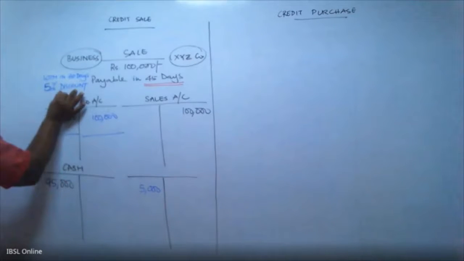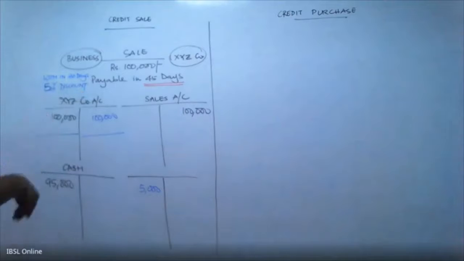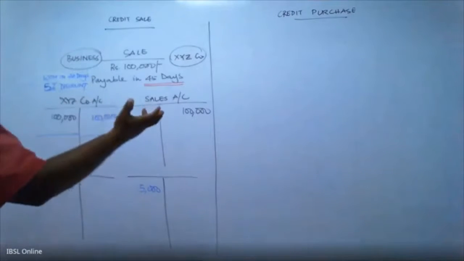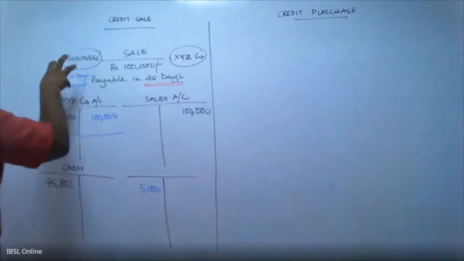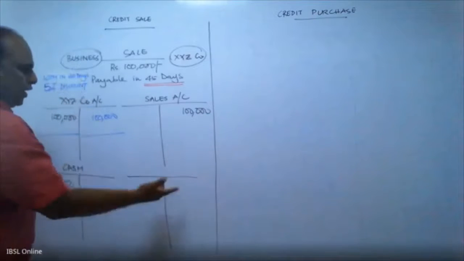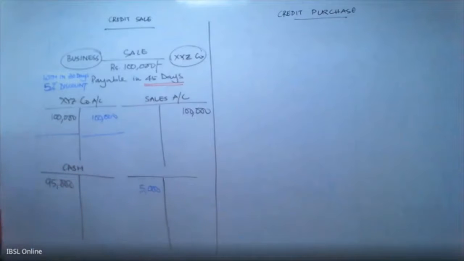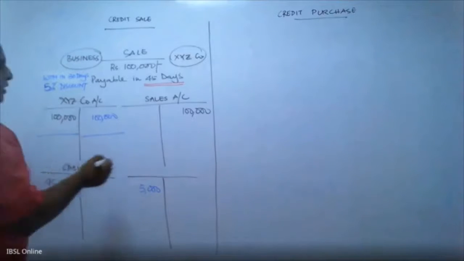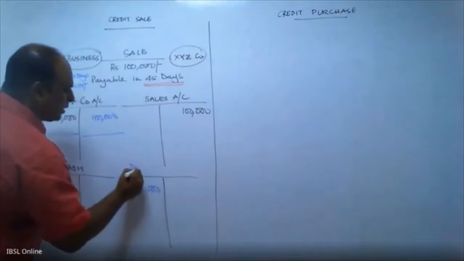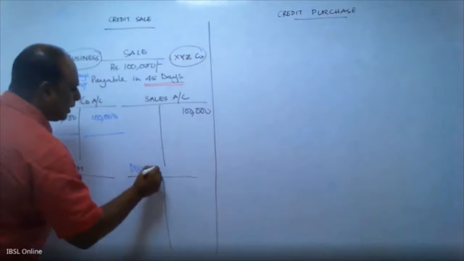So now, from the business point of view, did you offer a discount or did you get a discount? We offered a discount. So that is why this is called discount allowed.